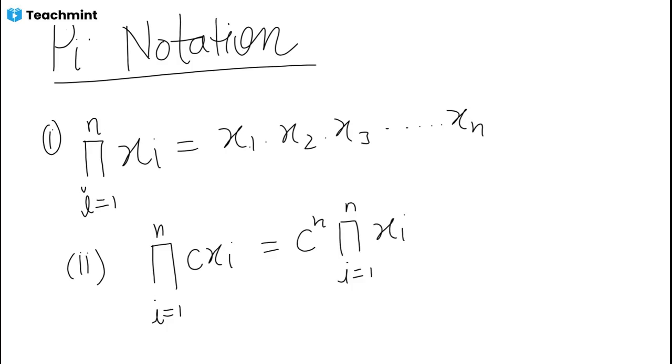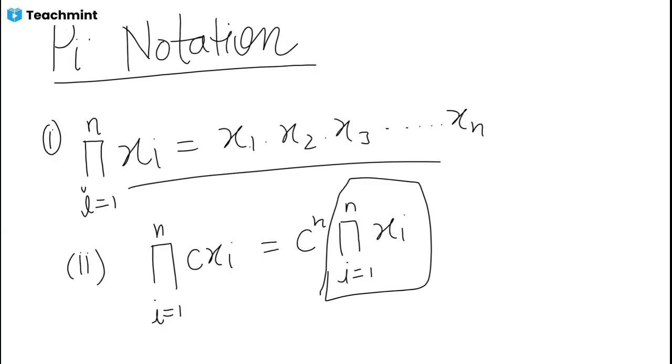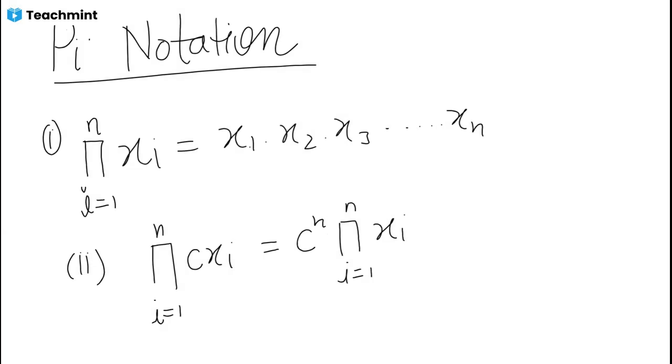What does it mean? Pi notation means the product of all values. Let us do it for this. We'll understand both of these together. Are you getting it?